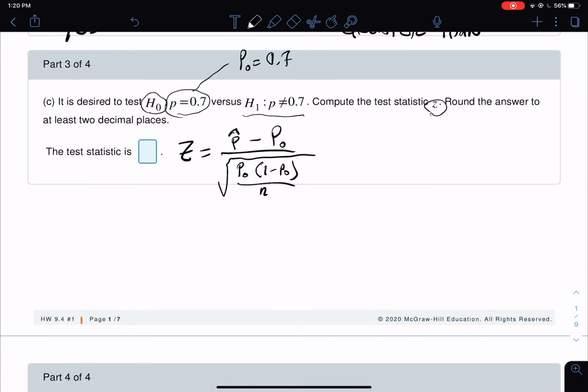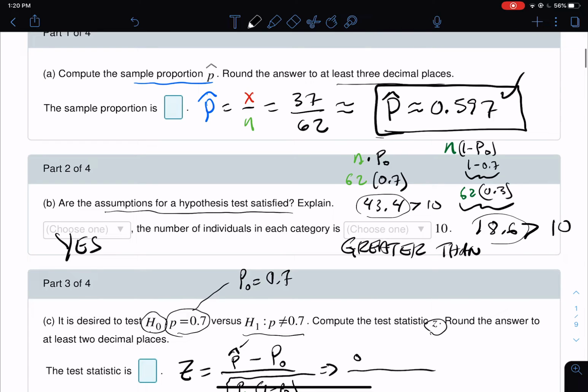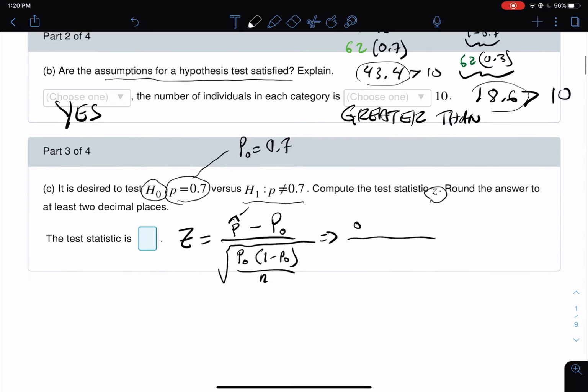So what does this look like? Well, we've got our p hat, which is right here, our sample proportion. So that sample proportion is 0.597 minus our population proportion from the null.